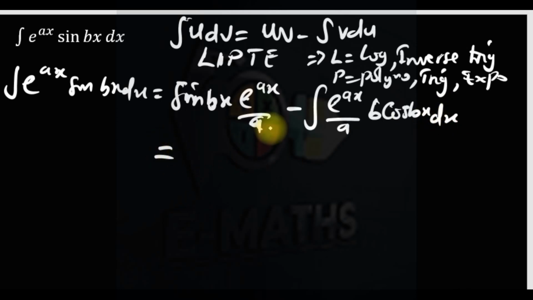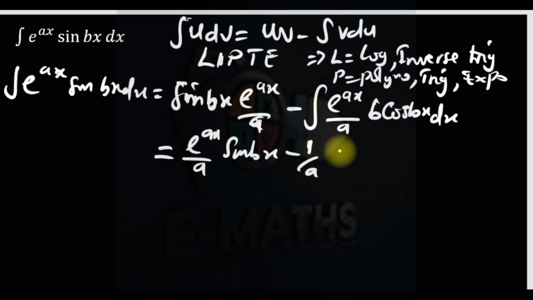So which is equal to, let's write this first, e^(ax) over a sine bx minus, looking at this, we can bring out the constants, which is 1 over a times the integral of e^(ax). Okay, b is also there, so let's bring out b over a.